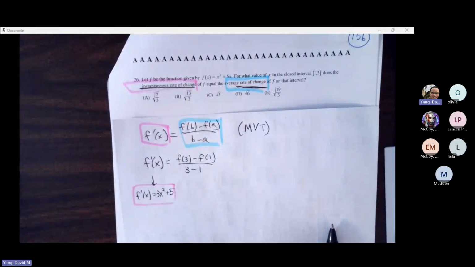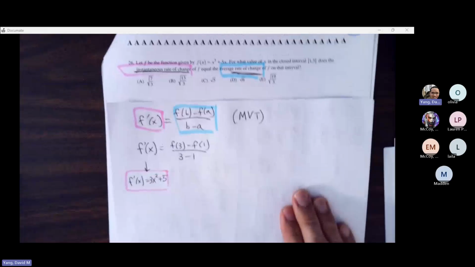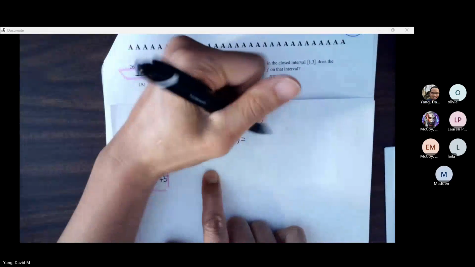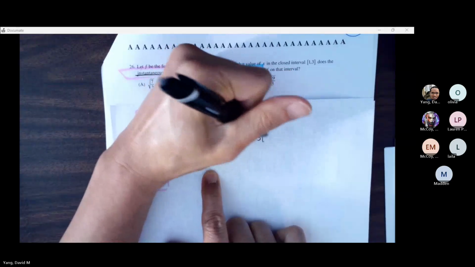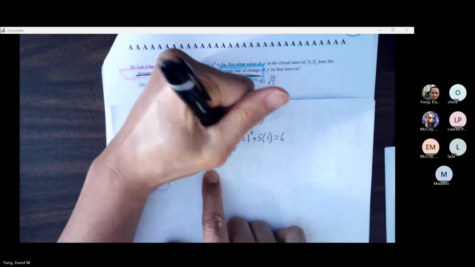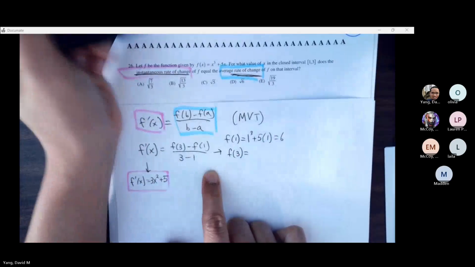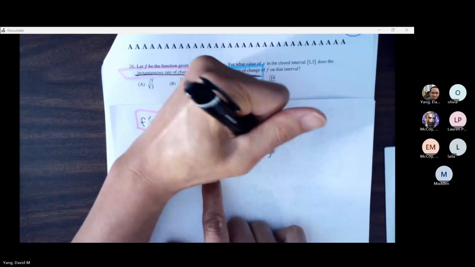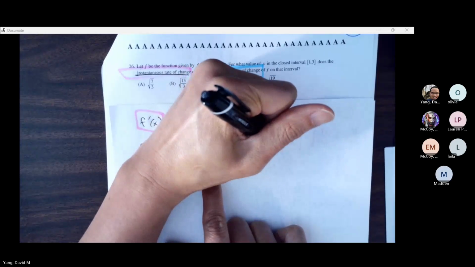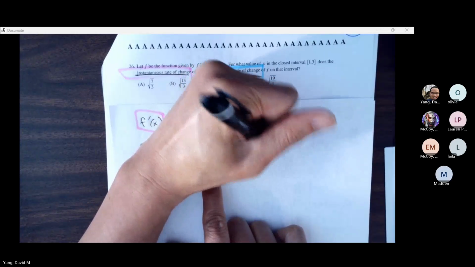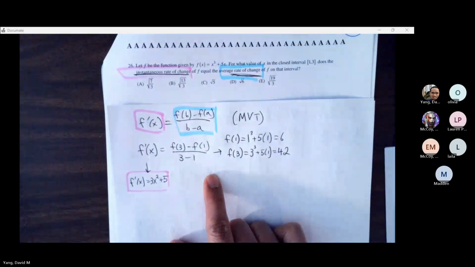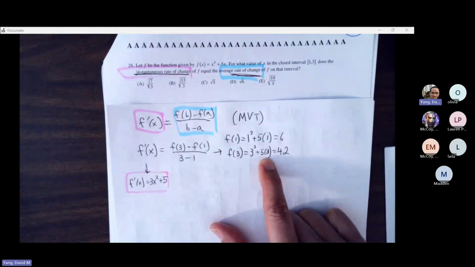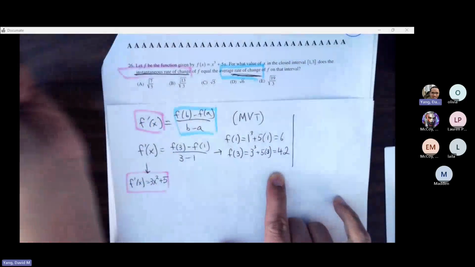But let's gather our ordered pairs and find the slope between the two endpoints, right? 27 plus 15, 42. So our average rate of change.